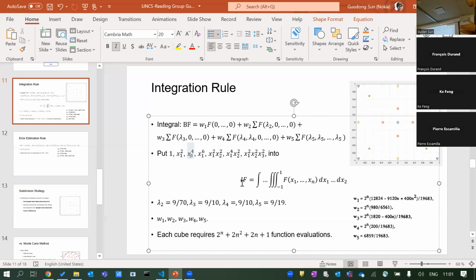I'd rather say you put these 7 basis into the integral itself, and you get the projection of this integral in this basis. Okay, I see. Thank you.